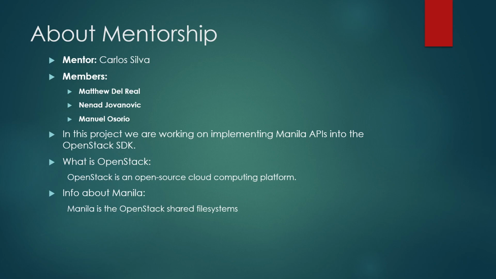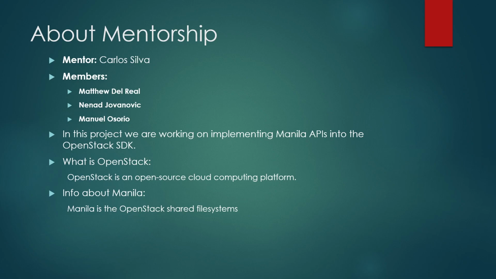So OpenStack is an open source cloud computing platform. It's similar, in a way, to what you have with Amazon. It's just completely open source. It's also run by Red Hat. Red Hat has their own version of OpenStack that they use. Manila is the file share system.